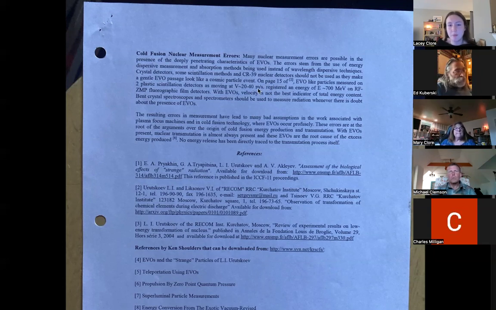Meters per second, I think. Meters per second. The squiggly line, registered, it means approximately. So it's saying velocity approximately 20 to 40 meters per second. Registered an energy of approximately 700. Big M's 1,000, little M's 1,000. I think they actually use it for mega, I think it's 10 to the 6.